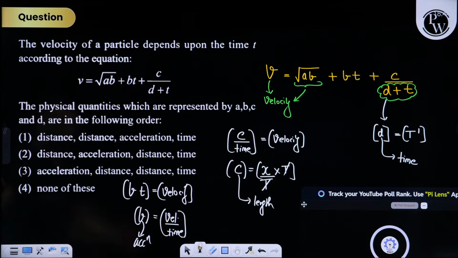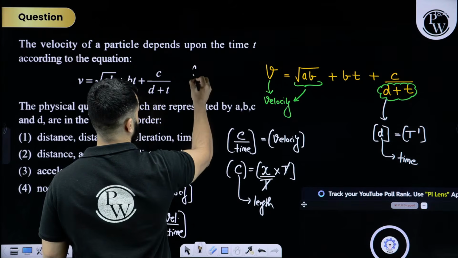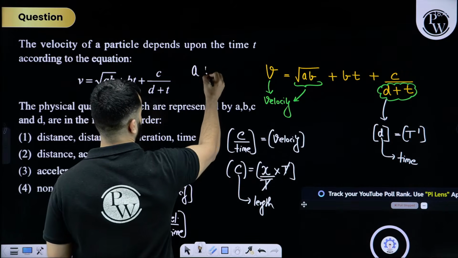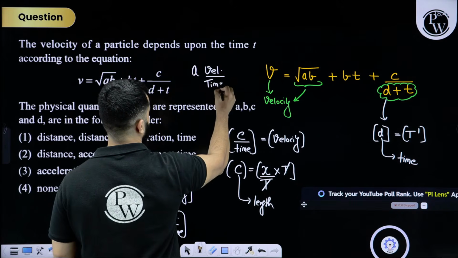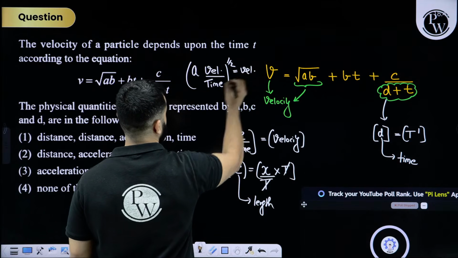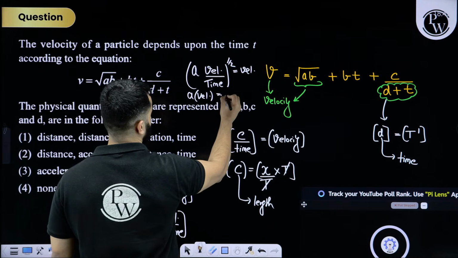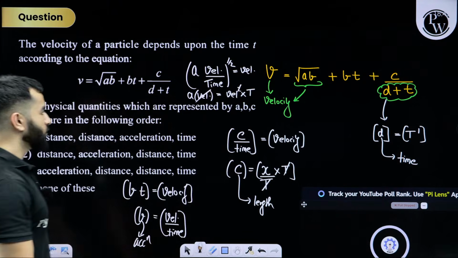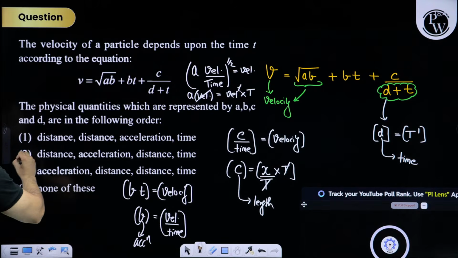Then you have got distance, then you have got time, and then let's talk about A. A times B, B is, by the way, velocity divided by time, and root of it is again velocity. So A times velocity is equal to velocity square multiplied by time, so that is again length. So distance, acceleration, distance, time. So B is the correct option.